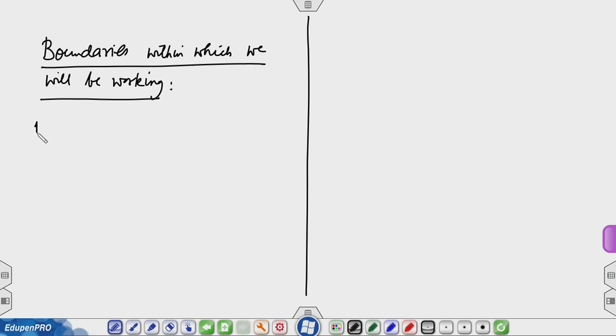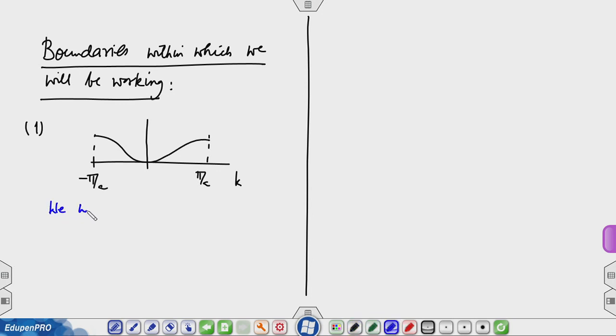So, number 1, when I look at the energy, this is k from minus pi by a to pi by a, talking about one dimension, and since k is a good quantum number, we wish to write equations in terms of k.